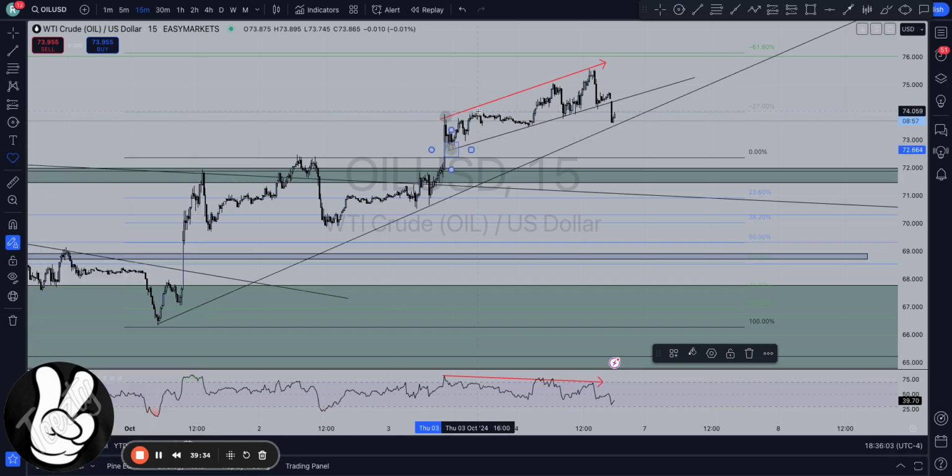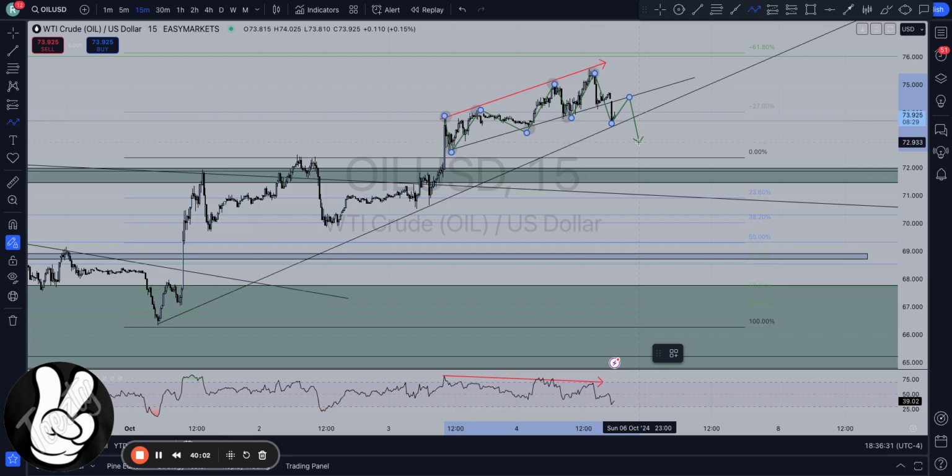This high, this low, this high, this low, this high, this low. So we broke this last level of support right here. So I want to see if it comes back to retest this and then have a push down.